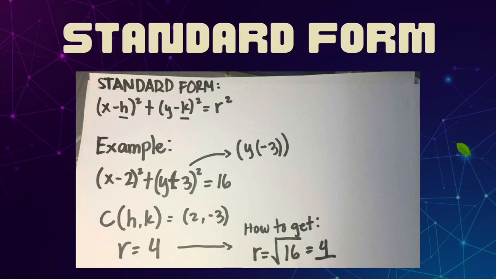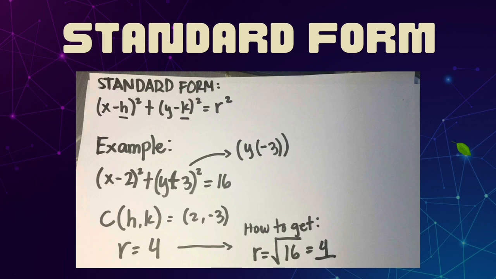Notice that inside the parentheses, the signs are subtracted from x and y. So, if the equation says x minus 2, it means h is positive 2 and not negative 2.